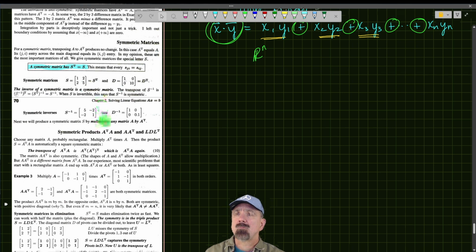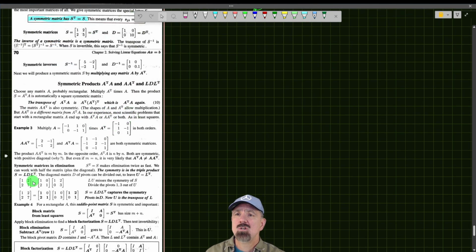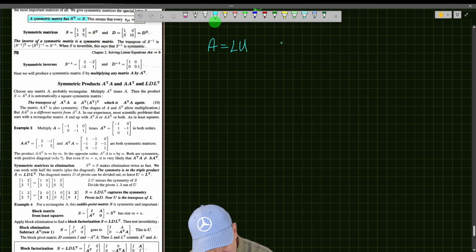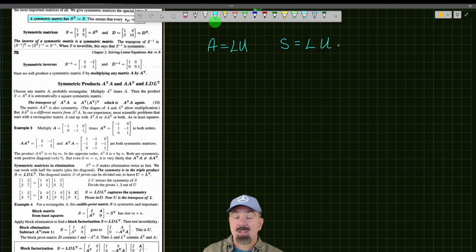And what we have when we do the LU decomposition for a symmetric matrix, right? So we've talked about A equal to LU. If I have a symmetric matrix S, it's also something that I can do LU decomposition on, probably. But there's a slight adjustment.